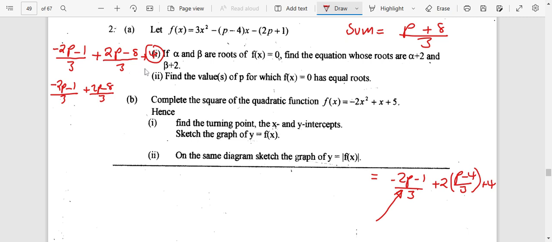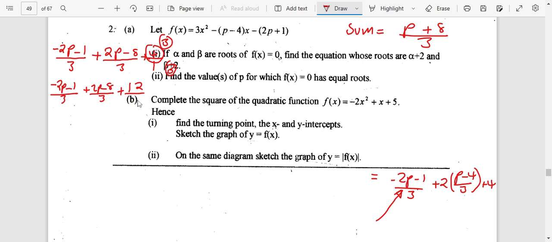Since everything is over 3, how can I make it have the 3 in the denominator? We know that 4 is the same as 4 over 1, right? So I want also to have the 3 in the denominator so that it will be easy to add. So I'm going to multiply on top by 3. I'm also going to multiply down by 3. So 4 times the 3, that is going to give us a 12 on top.